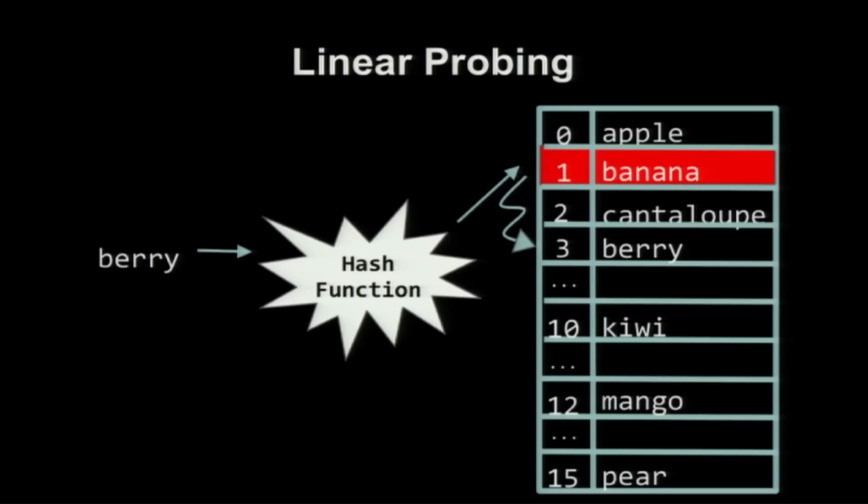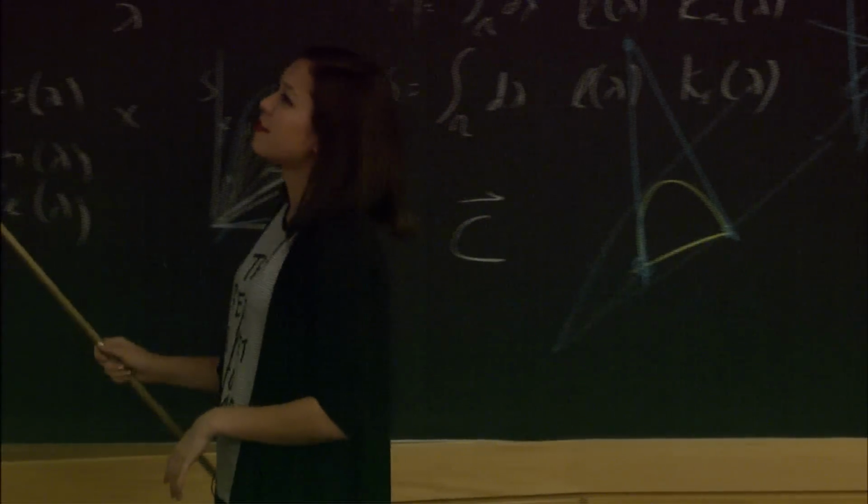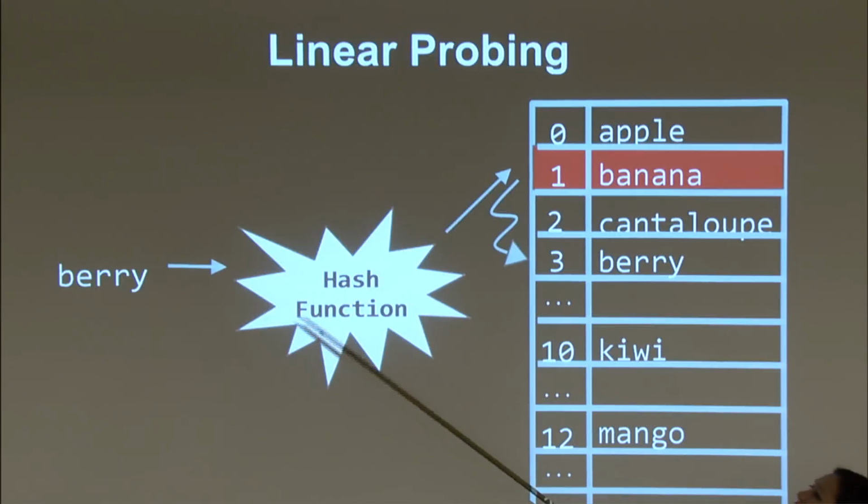Linear probing is basically this idea. It's one way to deal with a collision. In this case, Barry was hashed into 1, and we already have something there, so you just keep going down until you find an empty slot. That's one way to handle it.